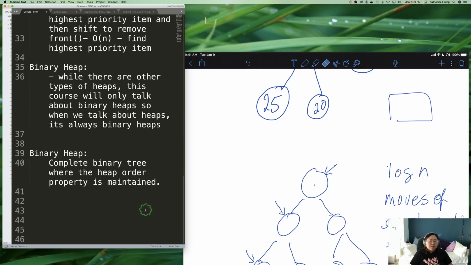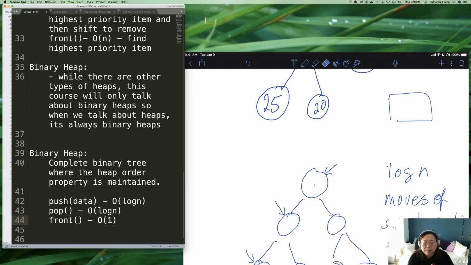So what this means is that if we go back to using a binary heap, we can now say that a push of data is going to cost us O(log n). Pop is O(log n) as well. And finally, front, that one is constant, O(1).